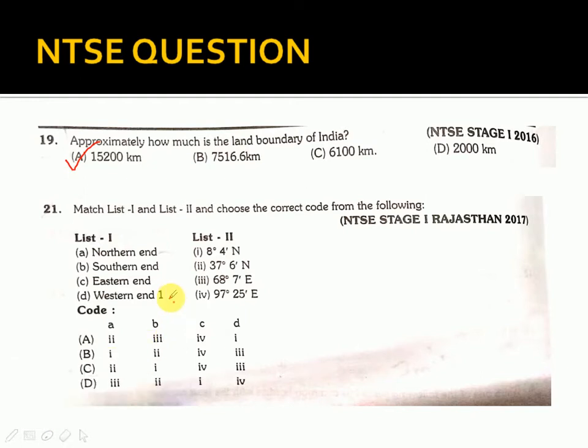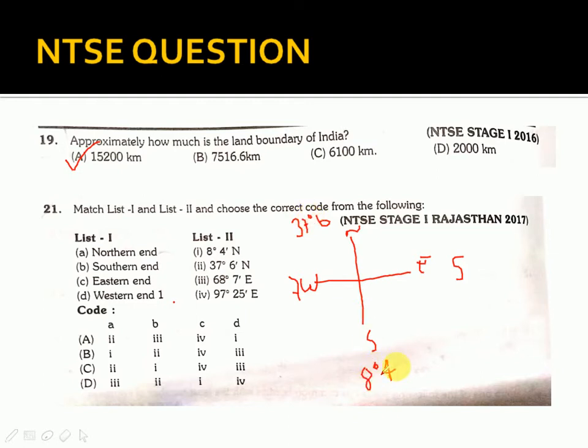It's not very tough. I told you, you can form a north-south-east-west grid. Okay, we know that the southern tip starts with 4, then it goes 5, then 6, then 7. So it starts from 8°, and then there is a difference of 30°, 37°.